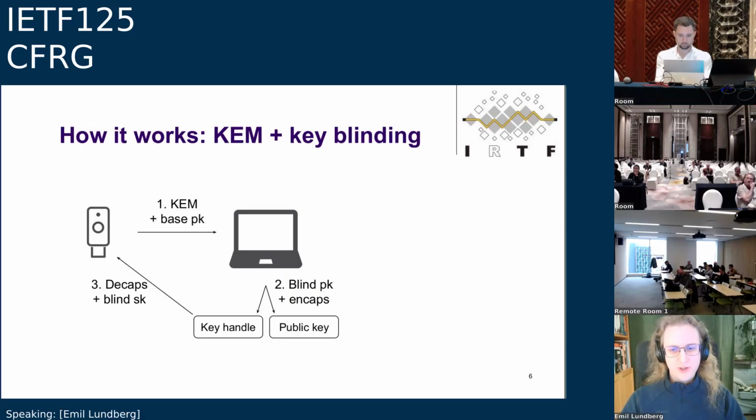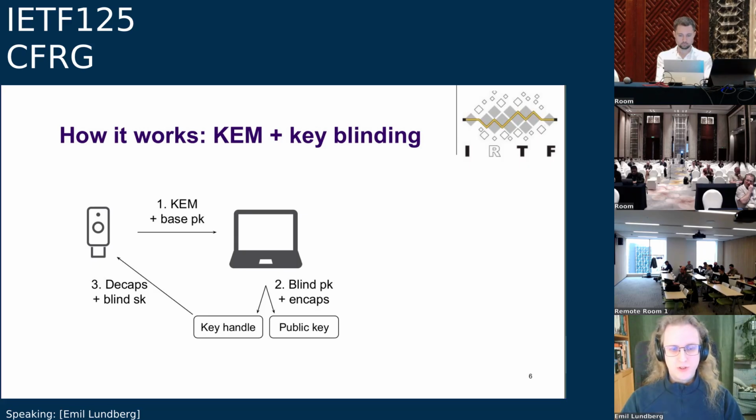So in very brief, how it works: essentially the pairing step at the beginning, where one party outputs a seed, is an exchange of a KEM public key and a base public key for some kind of public key scheme which supports key blinding.